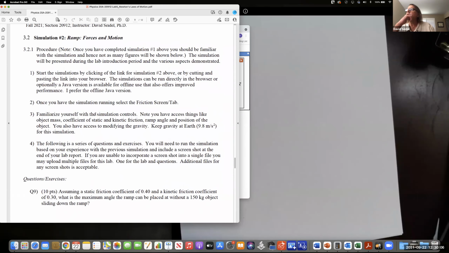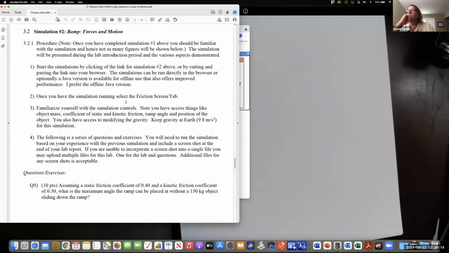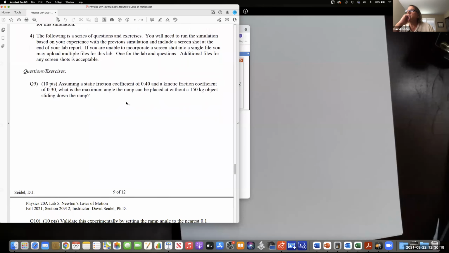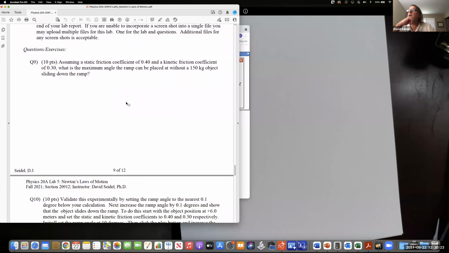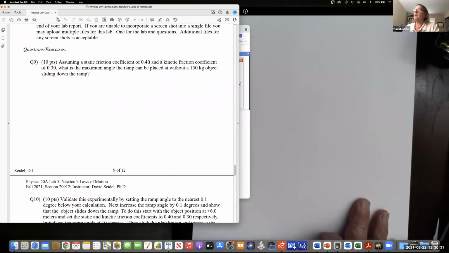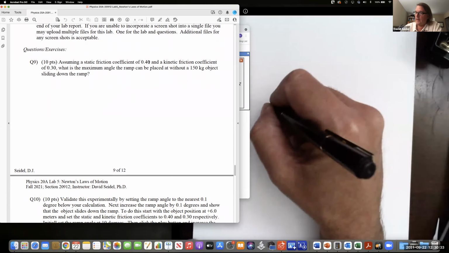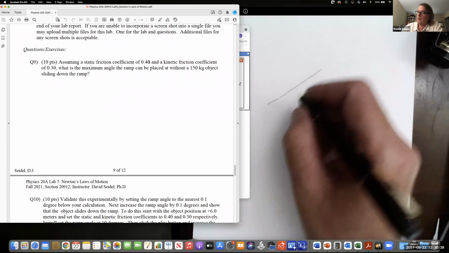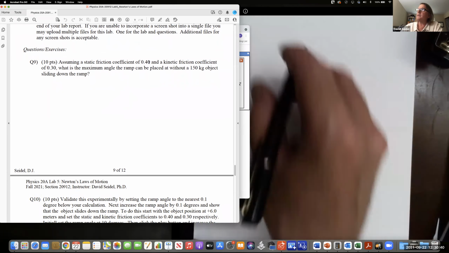Now at this point, we're going to use simulation number 2. And what we want to do is I want you to calculate a few things, and then I want you to verify it. So I'm going to make this problem a little bit easier.